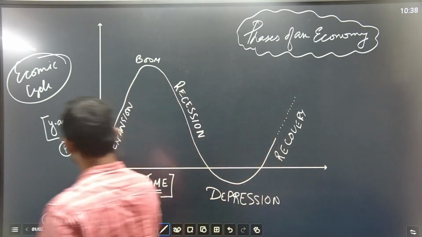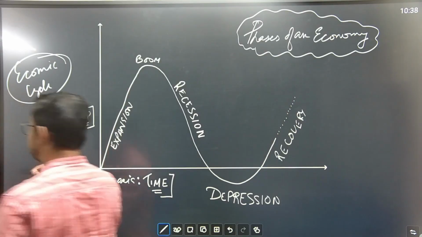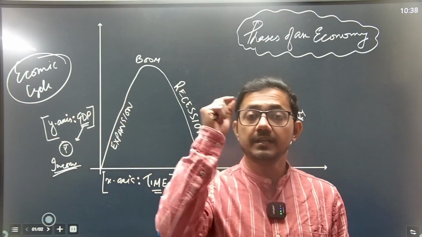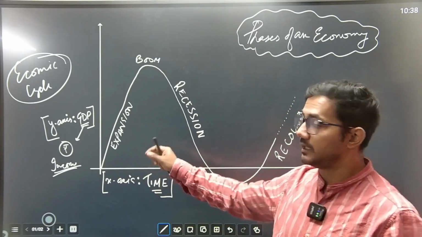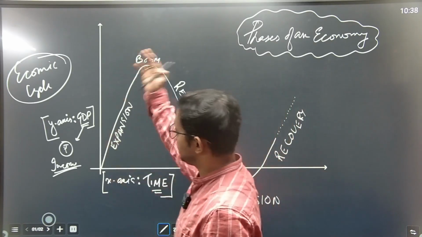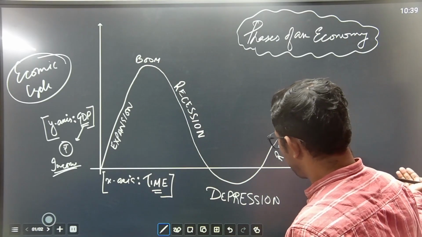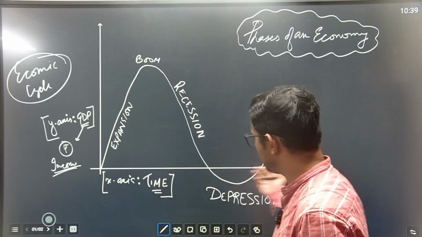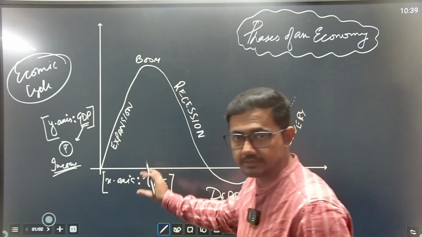Or you can say GDP is also the income generated within a country. The x-axis represents the time, the period.